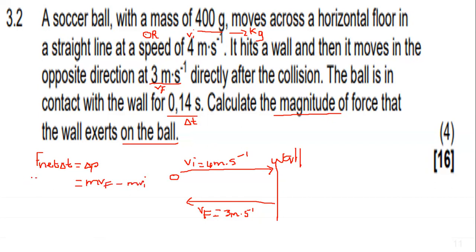In other words, if we broke this formula down further, we would have said F net multiplied by delta t, which is still this side, is equal to mvf minus mvi. Why? Because mvf minus mvi is actually what we see as the change in momentum. You know that, right? Yes, you do, because in your formula sheet, you have delta p showing you as being equal to mvf minus mvi.